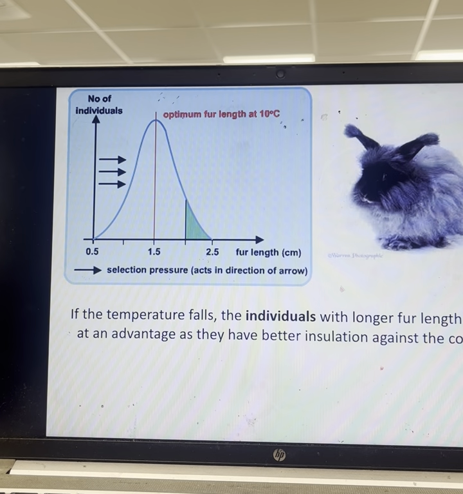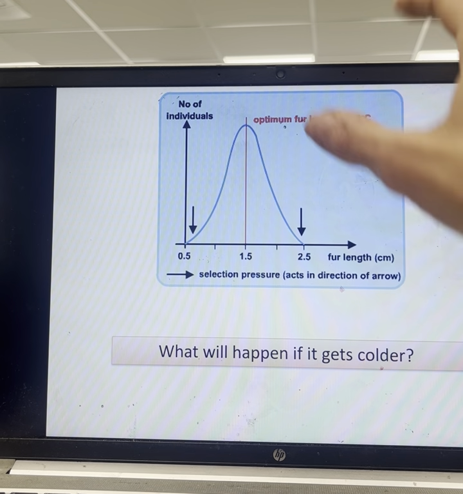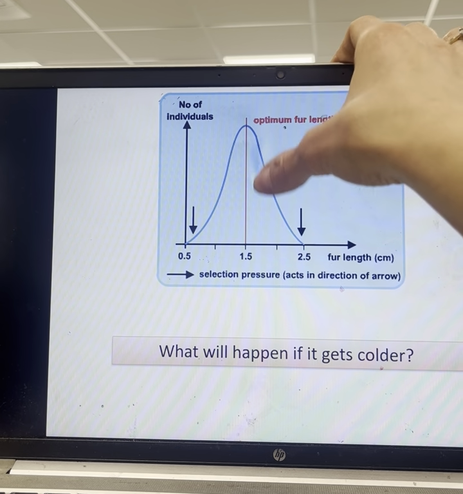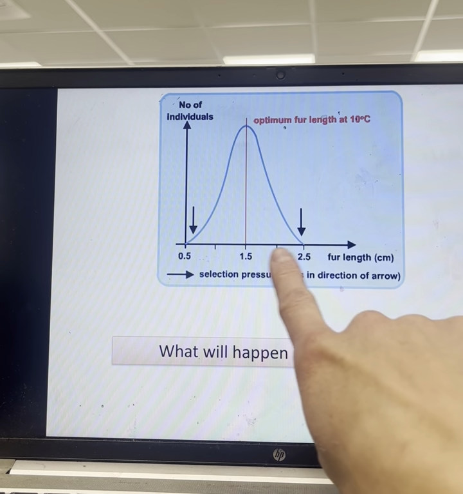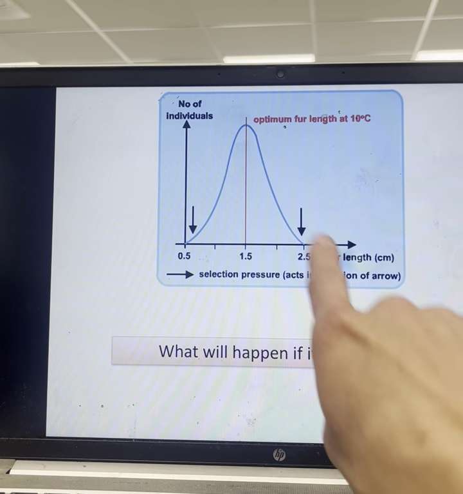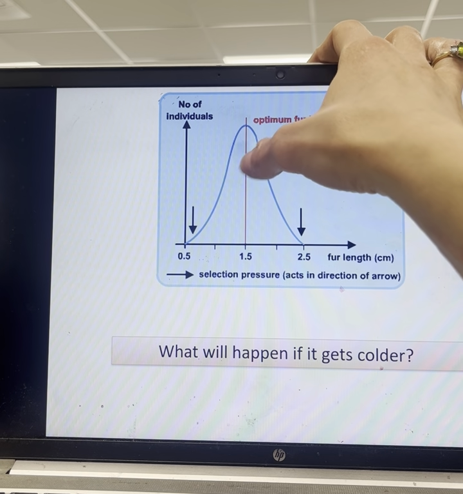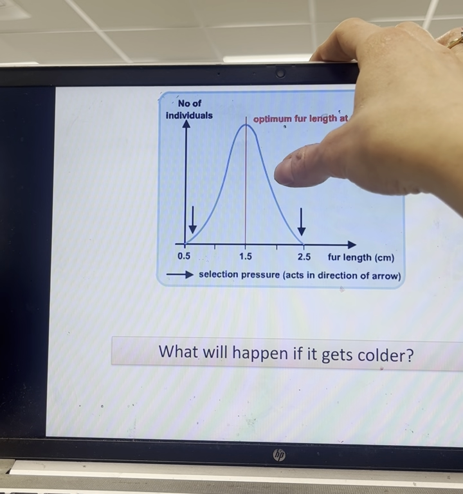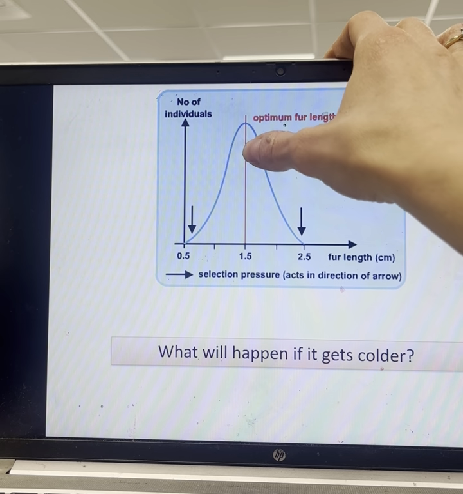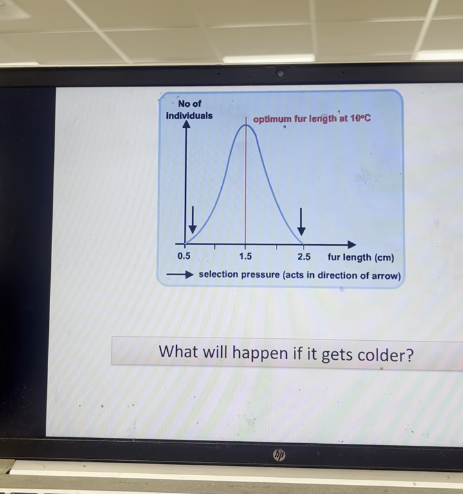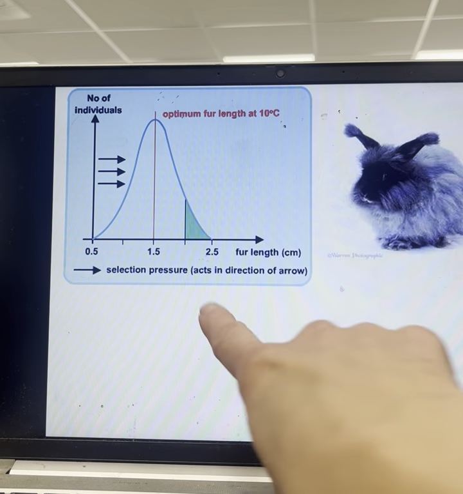Temperature, I'm just trying to understand this graph. Optimum fur length at 10 degrees here. Fur length along here. Oh, that's the temperature curve. Right, optimum length is here. Right, so if it gets hotter, are we talking along that way? Hotter or colder? I'm not really sure which way we're going along there, but okay, bear with.